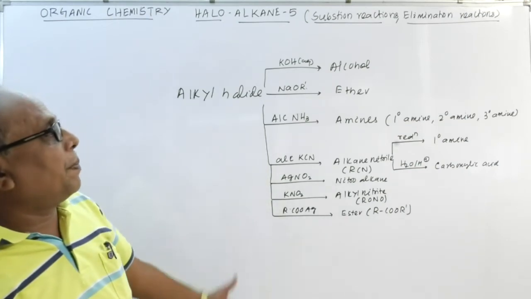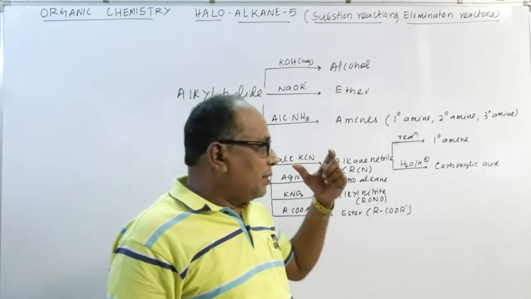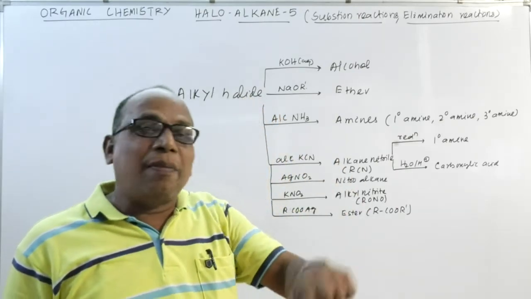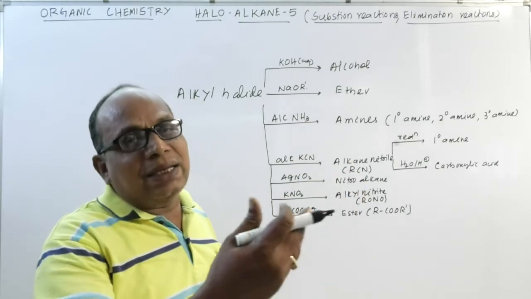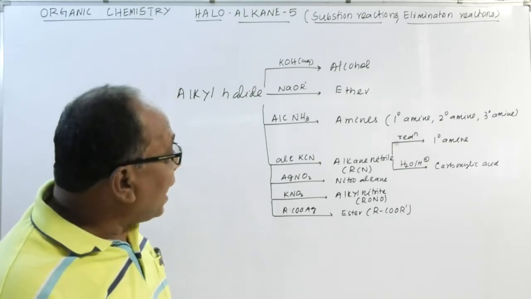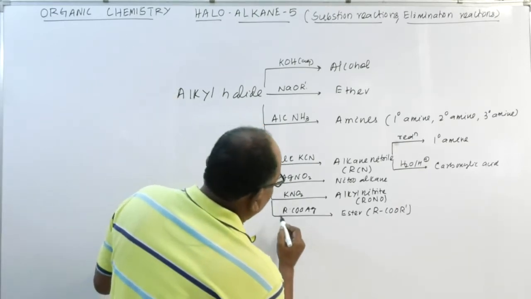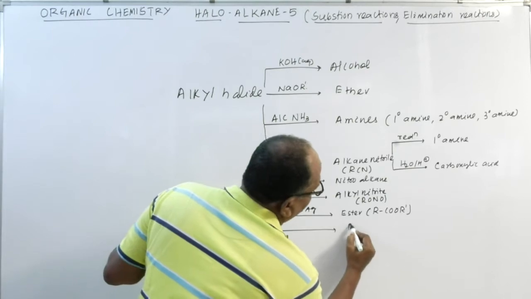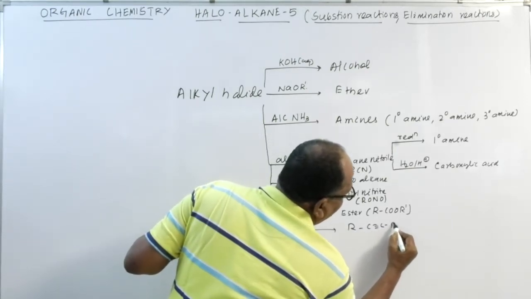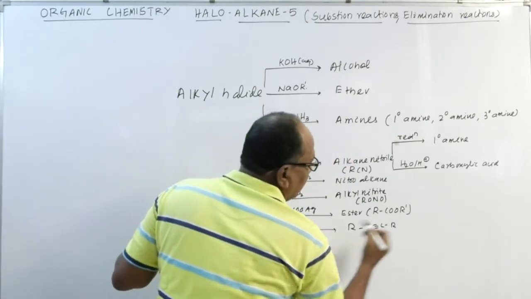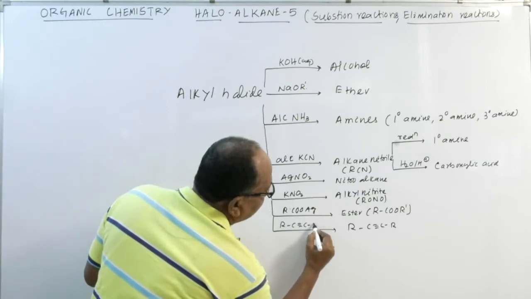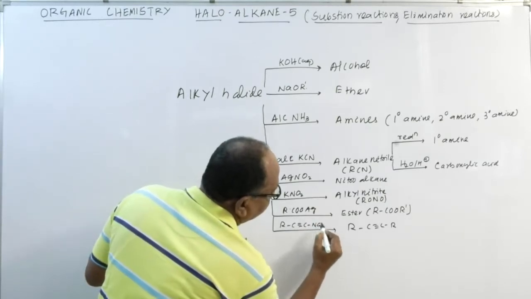Similarly, we can also prepare the alkyne from alkyl halide, which we will discuss later on, when they react with metal. What is alkyne? RC triple bond CR, by the action of RC triple bond CNa.